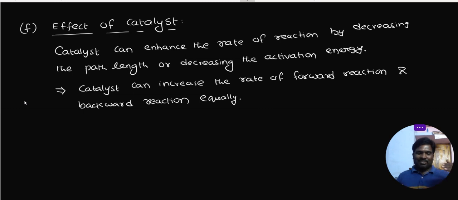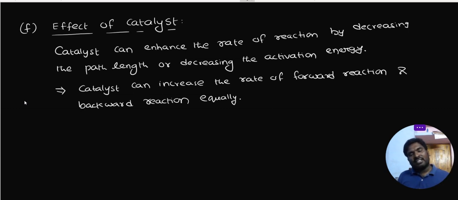It can enhance the rate of forward reaction and backward reaction equally, which means again we are getting the state of equilibrium. So in the presence of a catalyst, the equilibrium state is achieved early, but it cannot disturb the equilibrium. Remember or not? Suppose in the absence of a catalyst, equilibrium is achieved 30 minutes late.